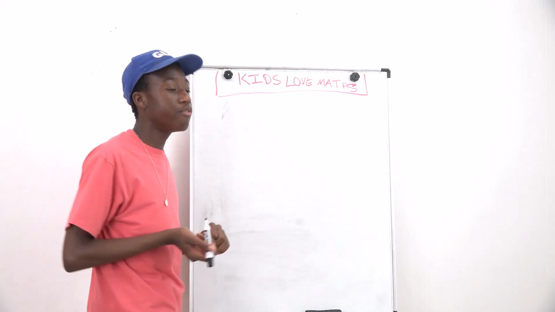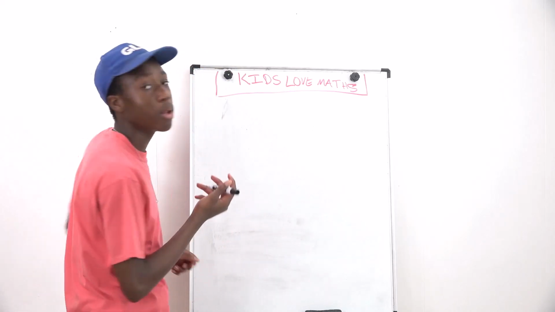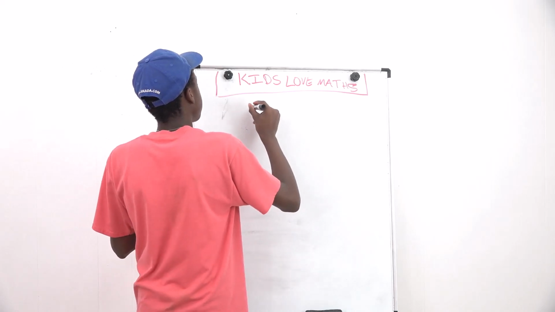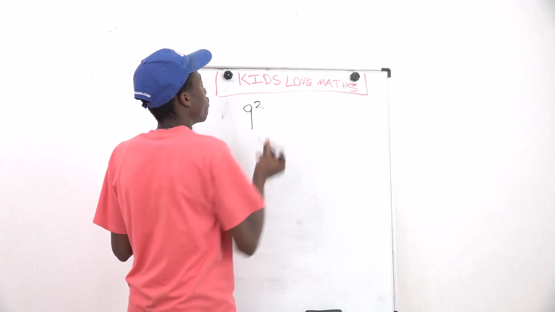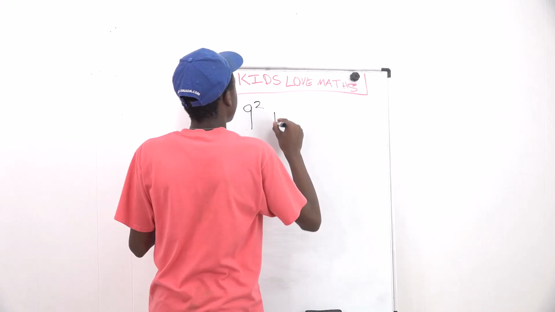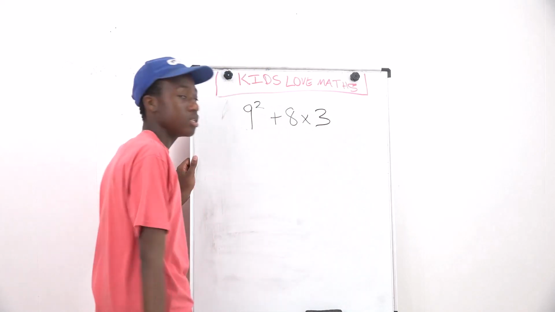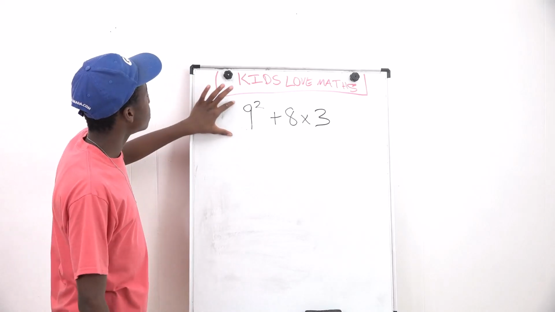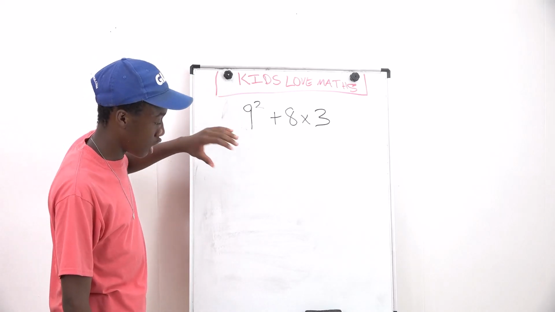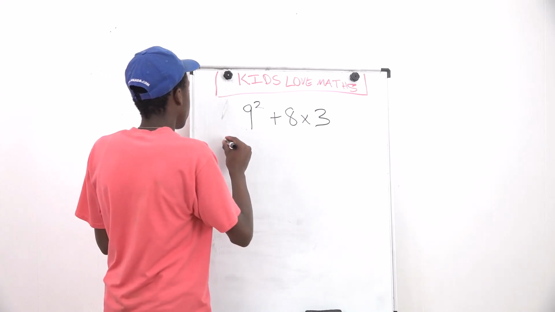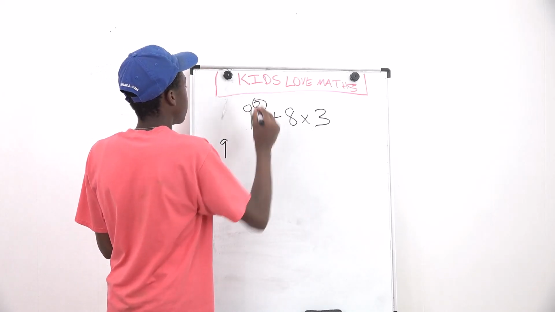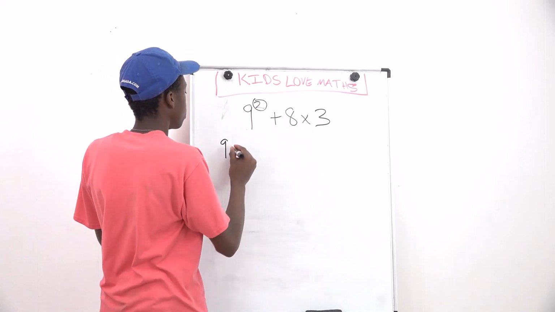Okay, so for the first one, I say we do the example I gave out. The numeric expression is going to be 9 raised to the power of 2 plus 8 times 3. An exponent is just how many times you multiply the number.